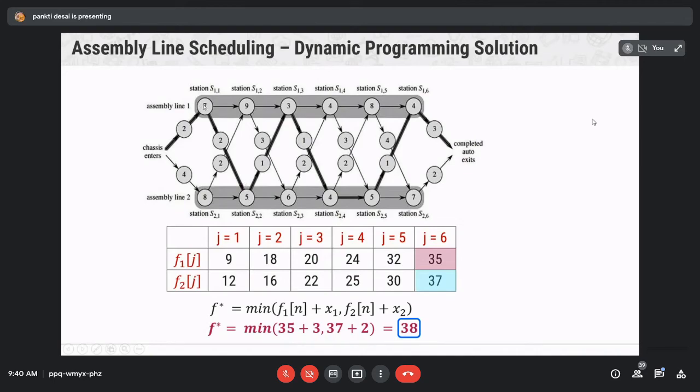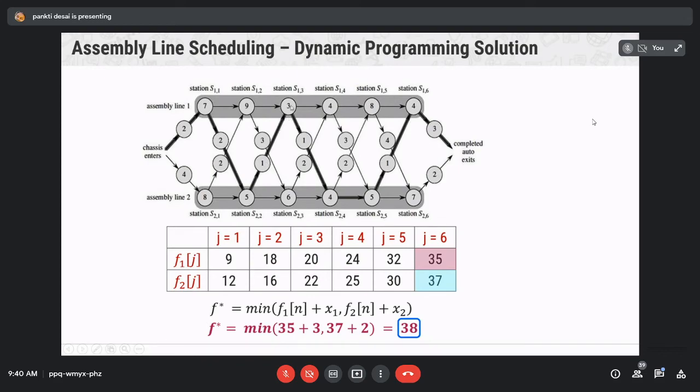So after assembling one part here, for the second assembly we have to reach which station? S22. Now, after reaching S22, we have two options. Either we can move to S23, or we can move to S13.